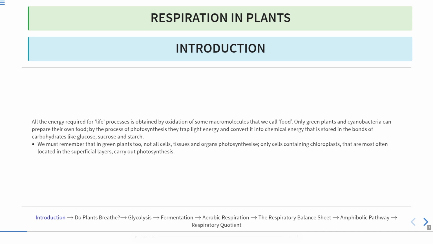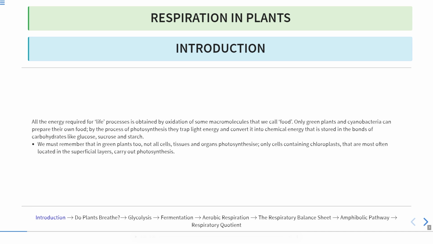Now we must remember that in green plants too, not all cells, tissues, and organs photosynthesize. Only the cells that contain chloroplast, which are most often located in the superficial layers, carry out photosynthesis. Right? It means that not every cell of the plants is capable of performing photosynthesis.